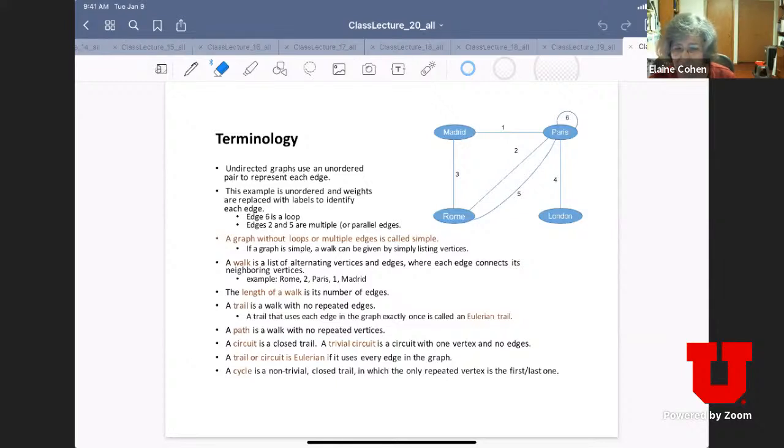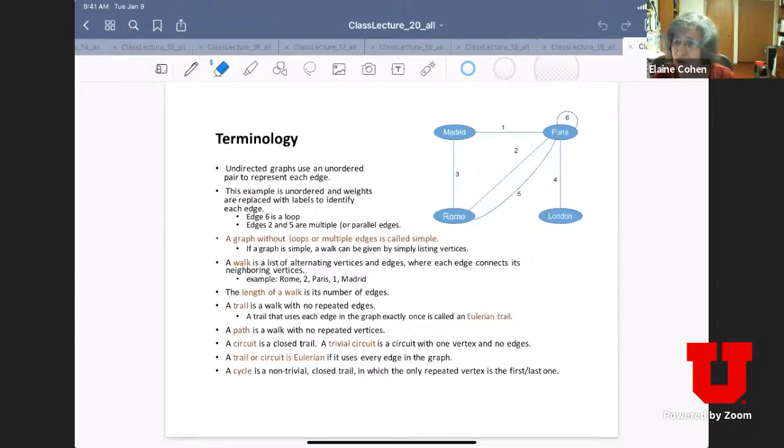So a walk is a list of alternating vertices and edges where each edge connects neighboring vertices. So here we might have a walk that says Rome, 2, Paris, 1, Madrid. Notice we always start and end with a vertex, and we're going to Rome in this case on edge 2, not edge 3. So this is a way of distinguishing.